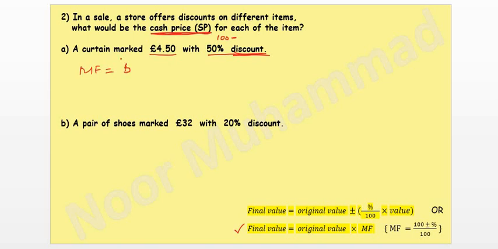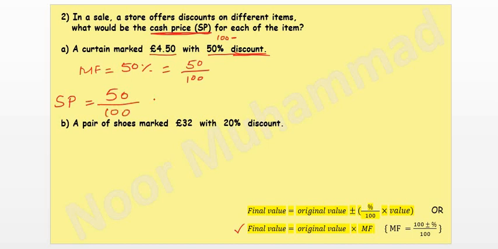Let me write it clearly. So it will be 50 out of 100, 50%, written as a fraction. This is the multiplying factor. Now how will you find the sale price, or you can say the cash price, or the final value? Whatever is easy for you to understand, you can write that.